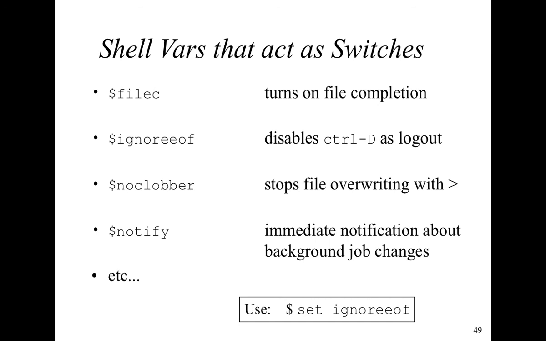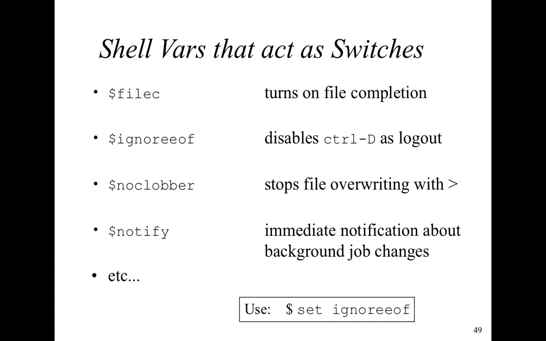And then here are some examples. This is one we just saw a few minutes ago, filec, actually. It turns on file completion. We can type it out, and it'll give us 0 or 1 if file completion is turned on or not. Ignoreeof disables Control-D as logout, so we can see if that's turned on or off. Noclobber stops file overwriting.